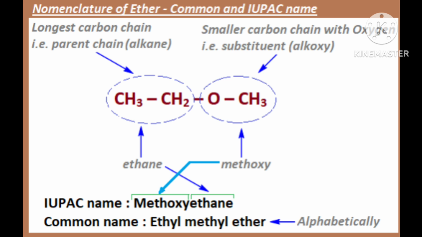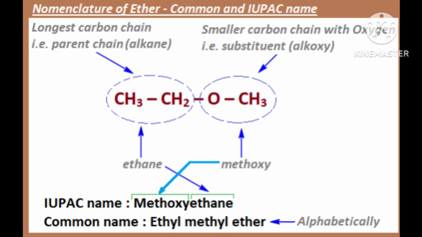This came from the word methane. From methane, one H is gone and OH is attached, so it became CH3OH. From methane, the alkyl group is methyl, and after that we add OH, alcohol. Its name will be methyl alcohol.